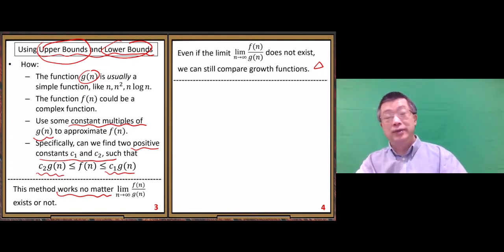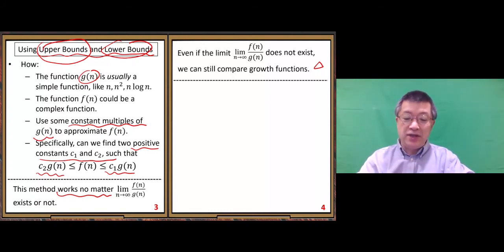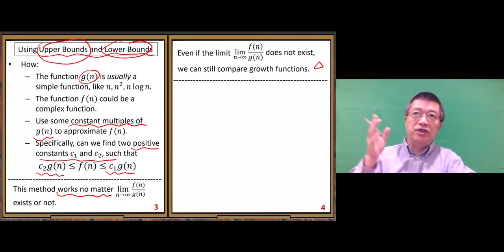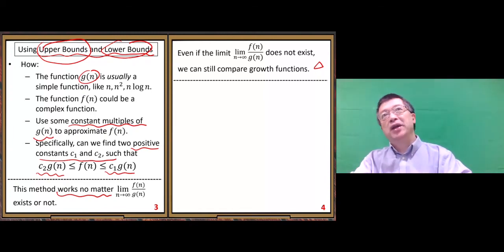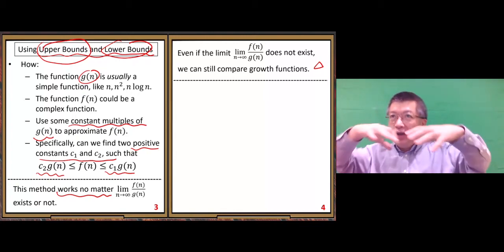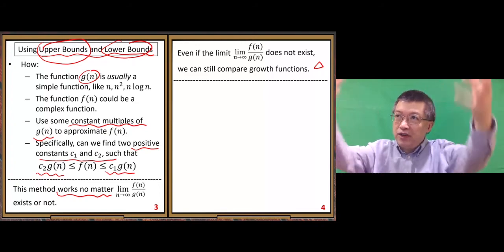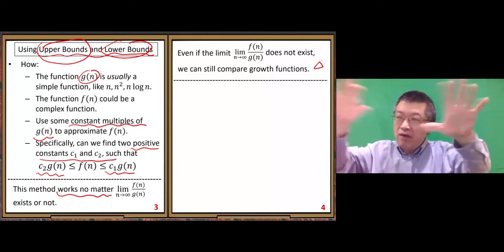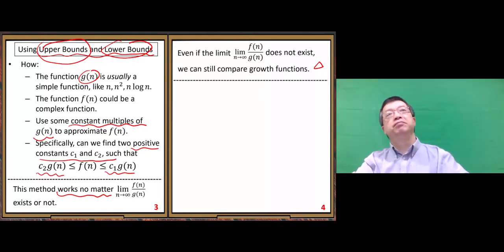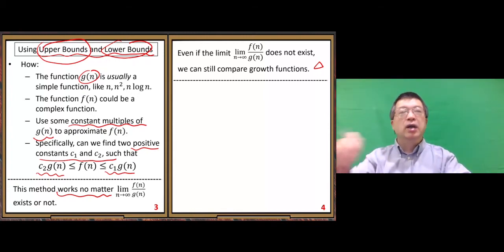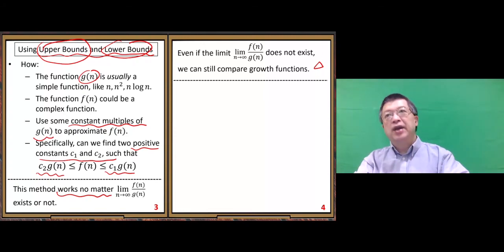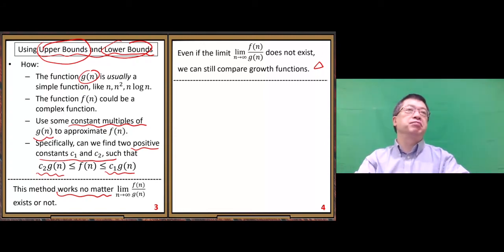So with this new method, we can extend our first limit method to cover more cases. Now we are ready to describe our asymptotic notations rigorously.